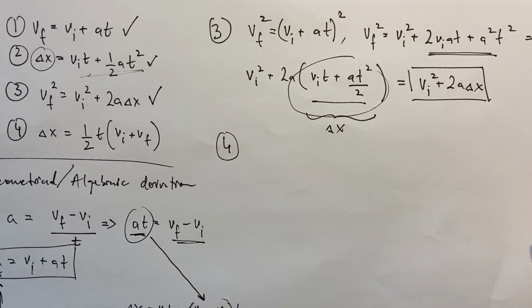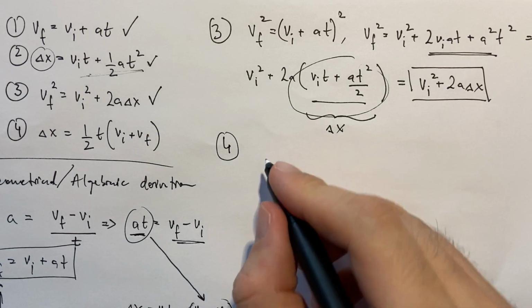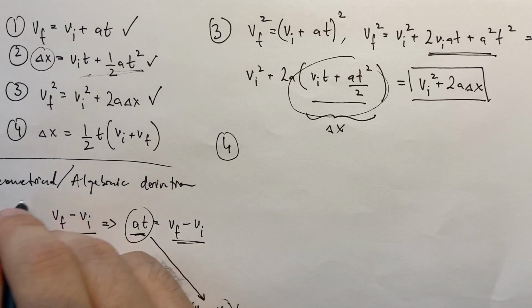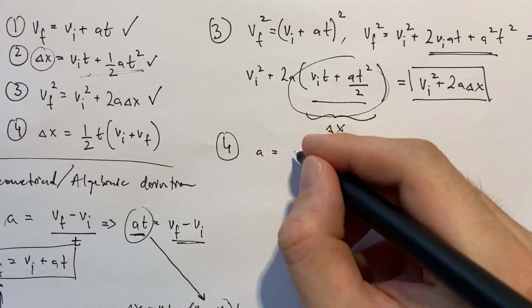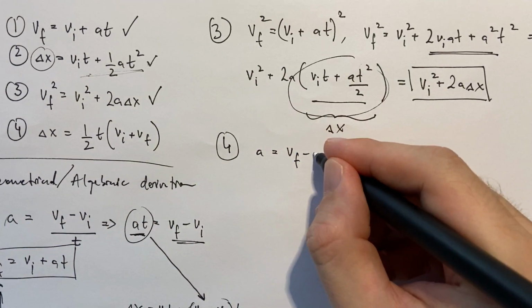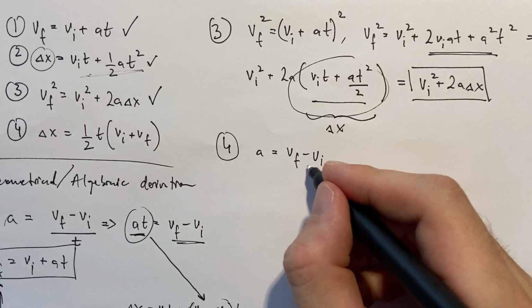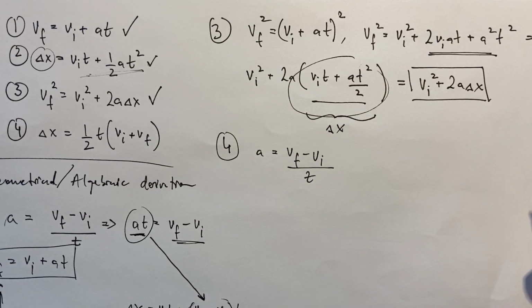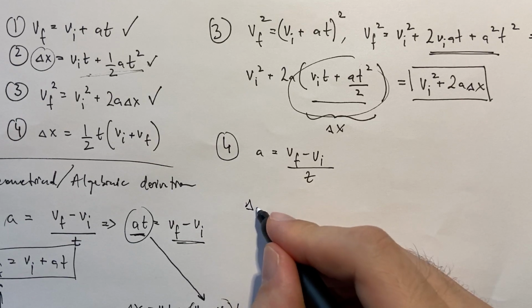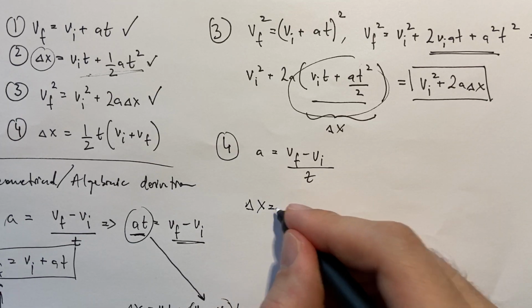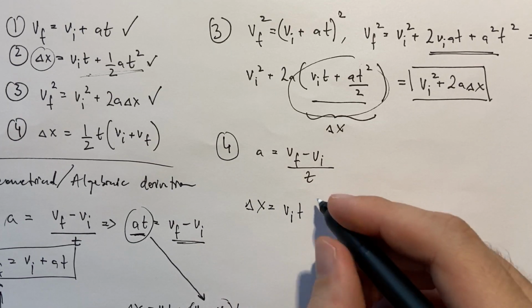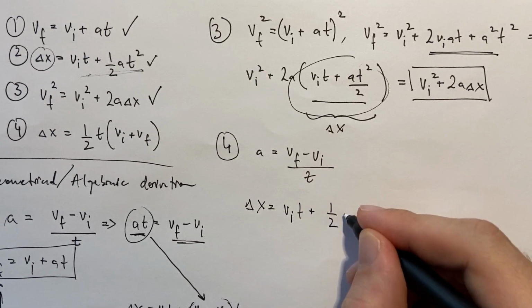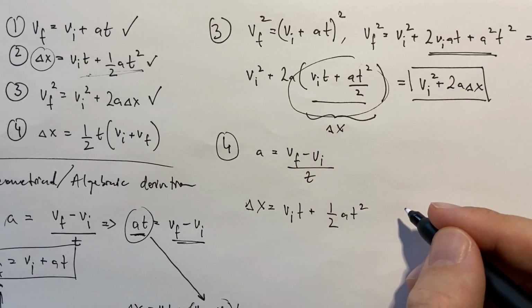Now let's move on to the fourth equation of motion. What we're going to do here is that we'll start off with the first equation of motion again through this expression, a equals vf minus vi divided by t. And then we'll take the second equation of motion, which is delta x equals vit plus half at squared.